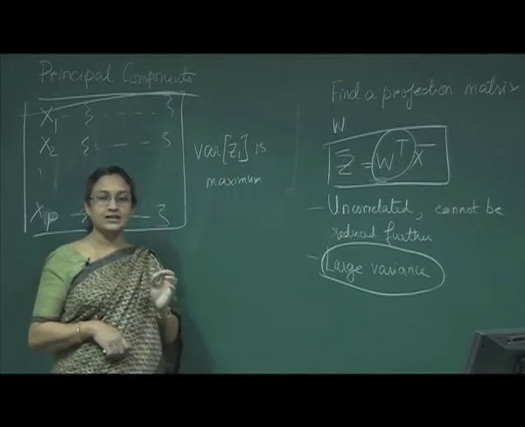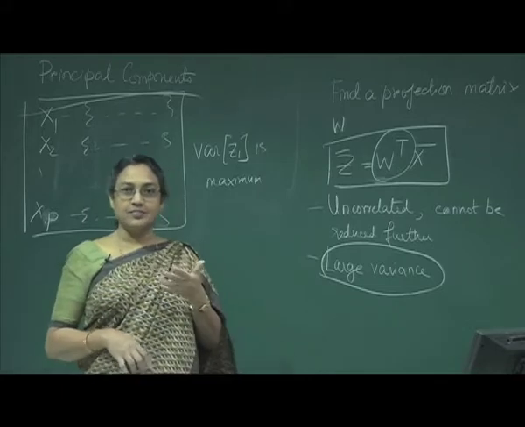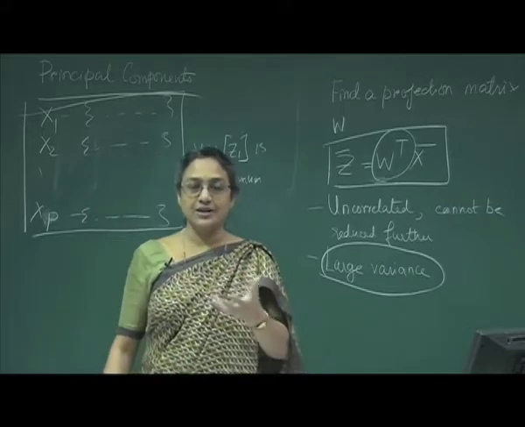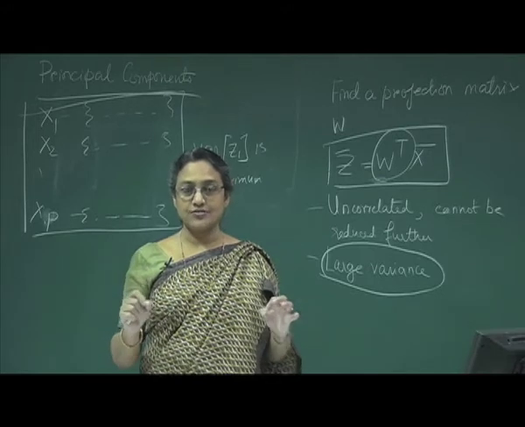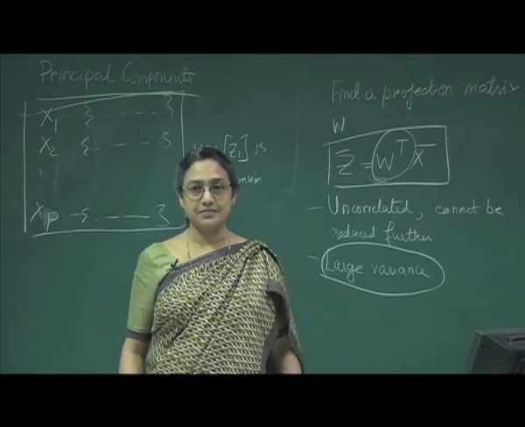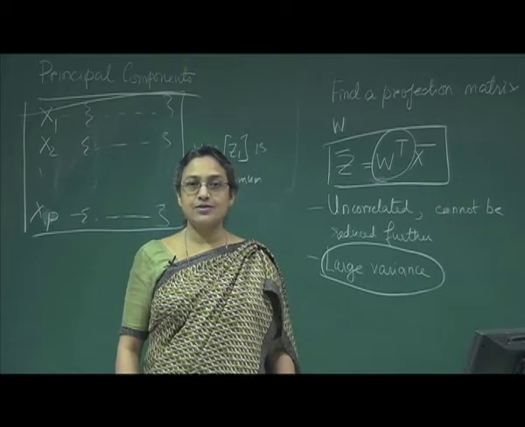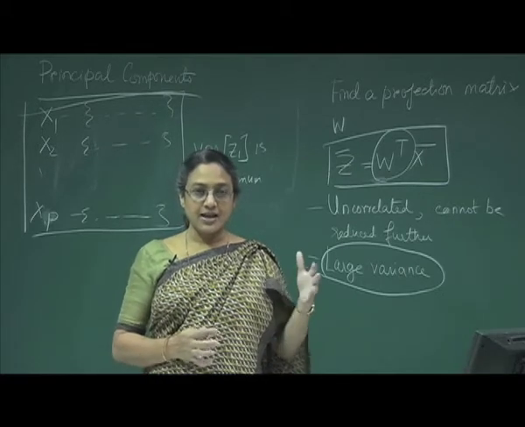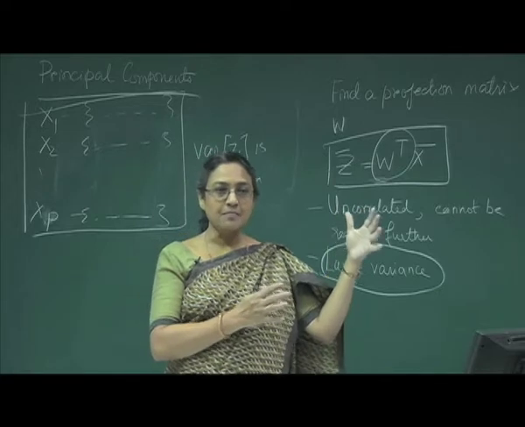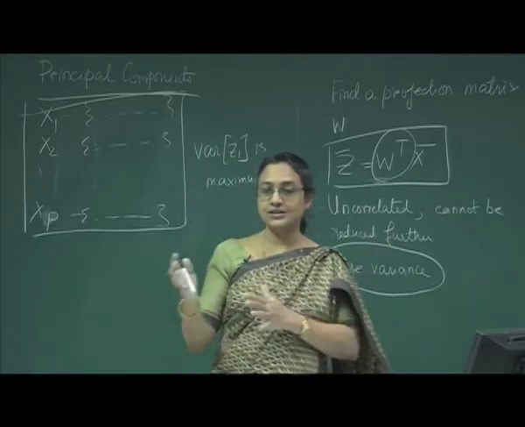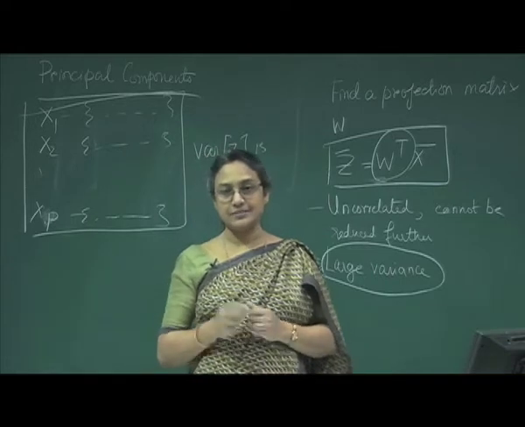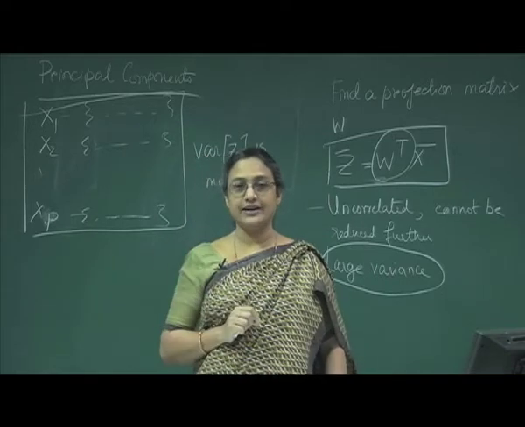There are two ways of considering the properties of principal components. One is that it is the projection for which the variance is maximum. Secondly, principal component can be looked upon as if you map the original vectors to this new low dimensional vector space given a fixed size of that dimension.